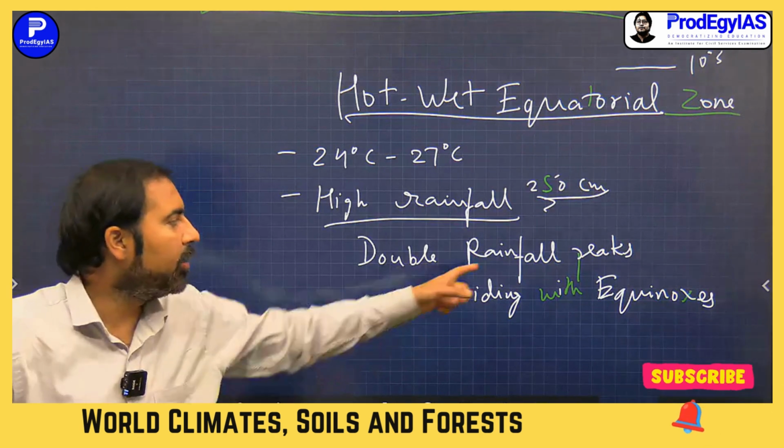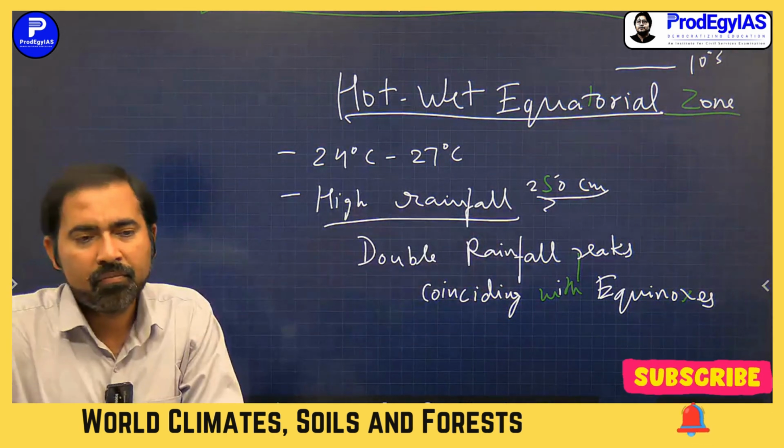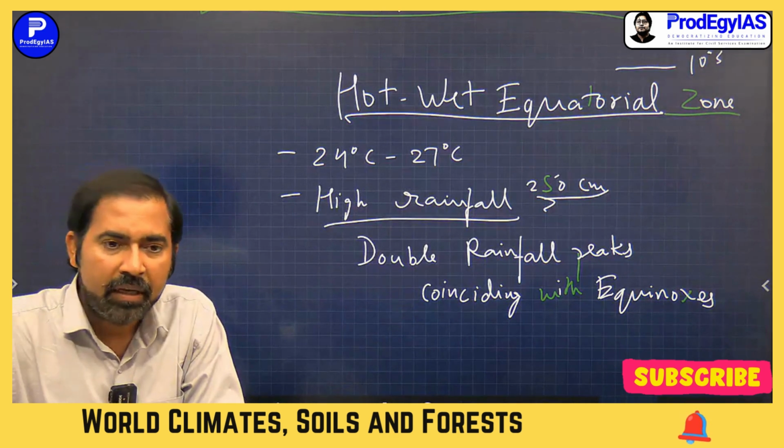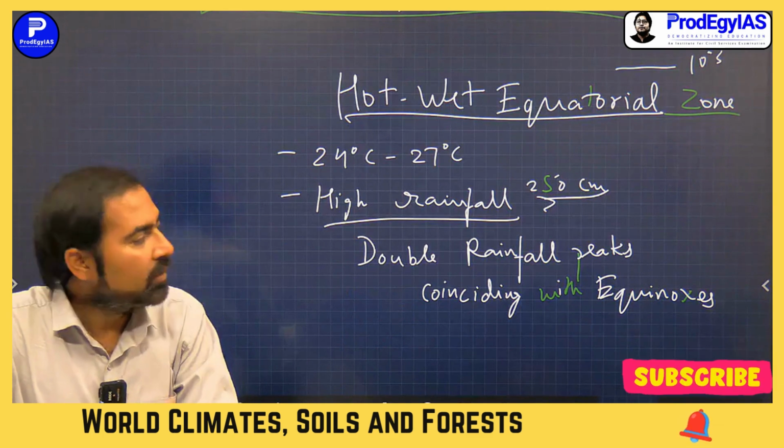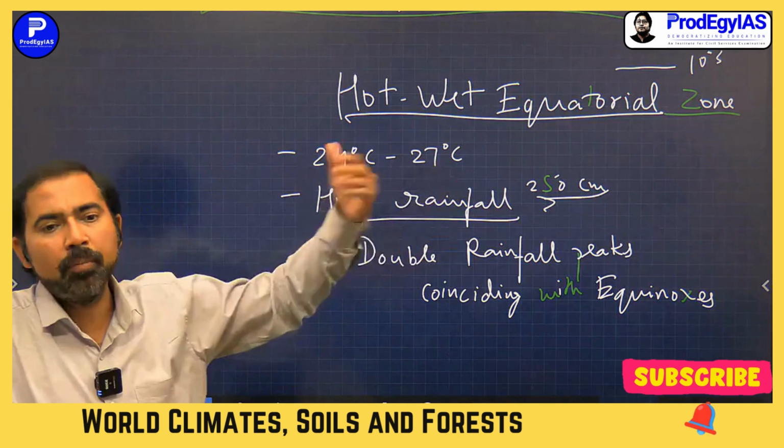That is why it is called double rainfall peaks coinciding with equinoxes. Meaning in the mid of September and in the mid of March, these climatic zones receive most of the rainfall.